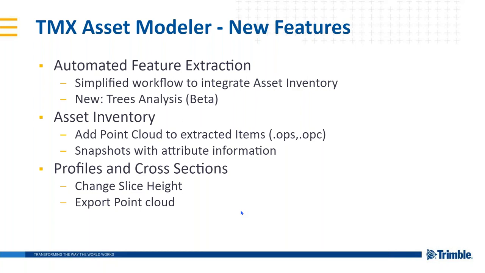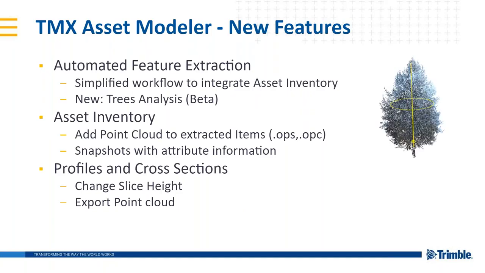Additionally, we have an option to add a point cloud, or a part of the point cloud, as an additional resource to an extracted item in the asset inventory itself, which could be either a point cloud selection or a piece of the point cloud itself. It can be attached to any extracted features.